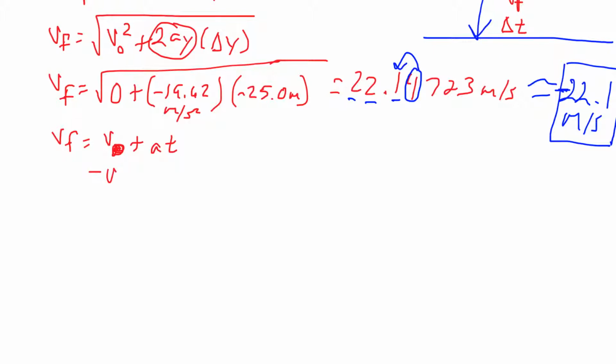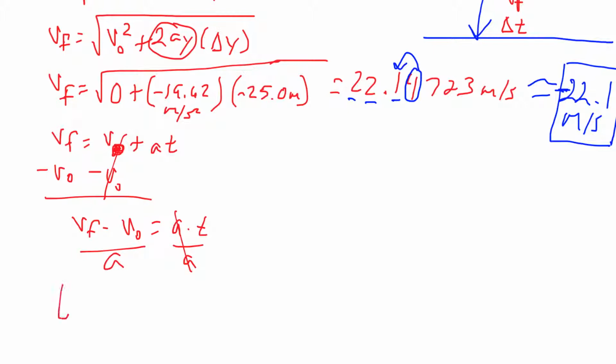We're going to subtract the initial velocity off of both sides first. So you get final velocity minus the initial velocity equals acceleration times time. We'll divide both sides by the acceleration, and that means that time is equal to the final velocity minus the initial velocity divided by the acceleration in the y-axis, of course.